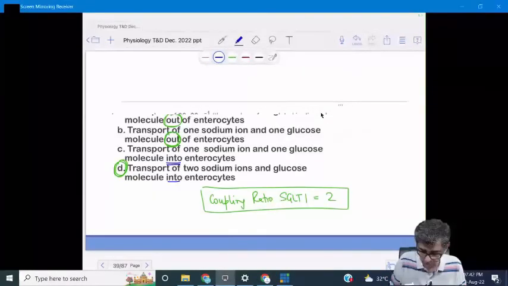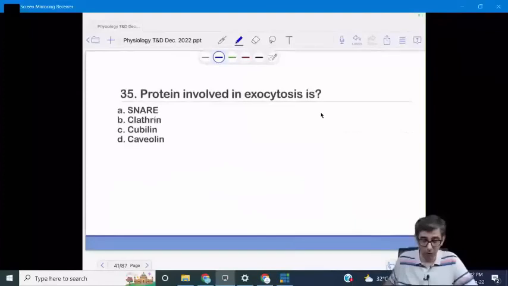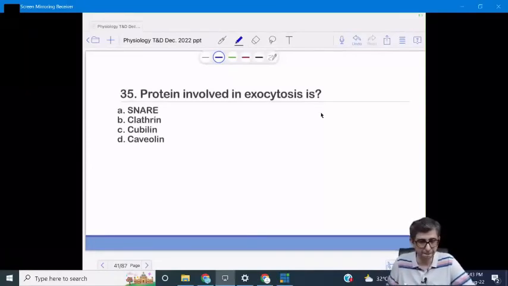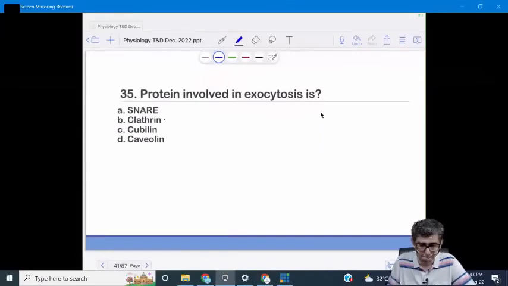35 पे आते हैं. Protein involved in exocytosis would be which of the following? Exocytosis would mean that cell से बाहर जा रहा है products. Clathrin and caveolin, they both are related to endocytosis.